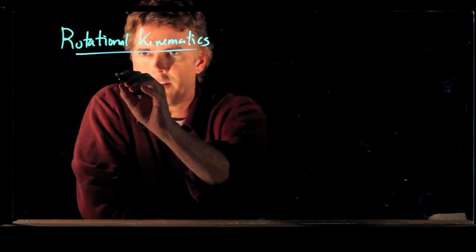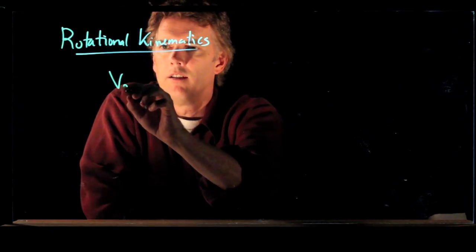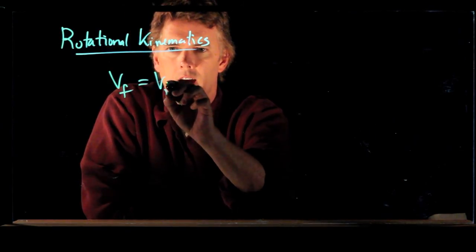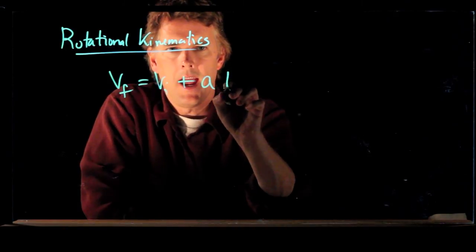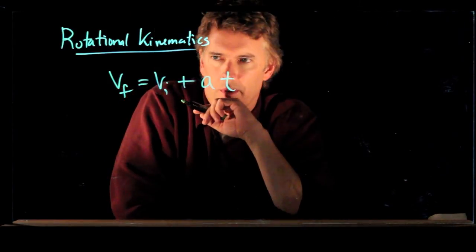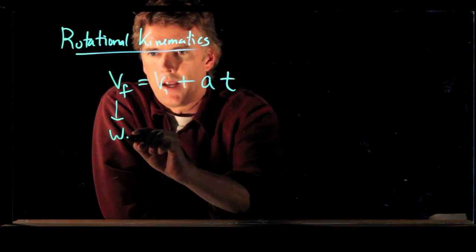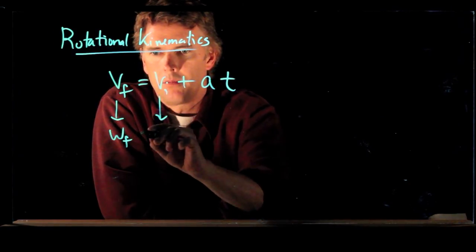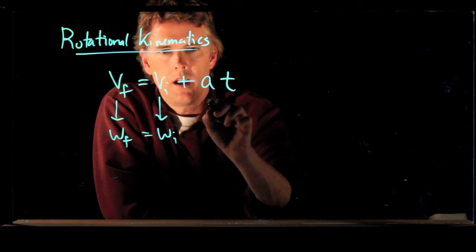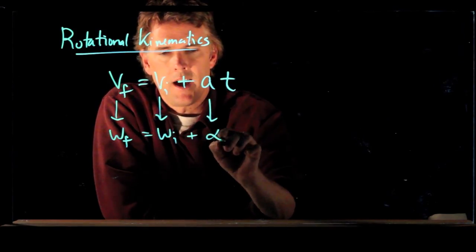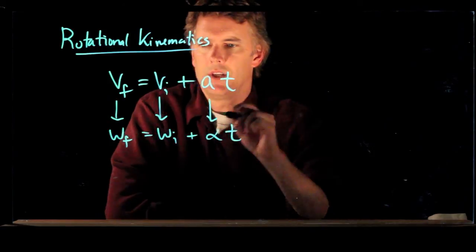Okay, so for instance, vf equals vi plus at. We remember that one. This becomes omega f. This becomes omega i. This becomes alpha, and we keep the same t.